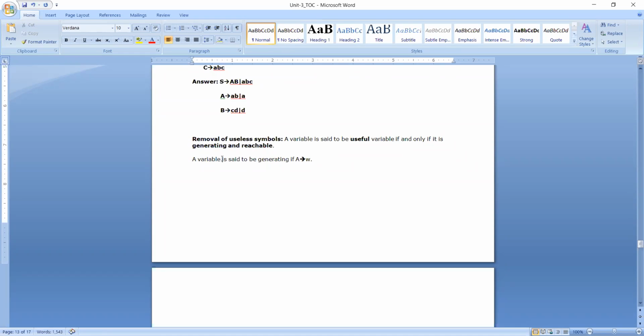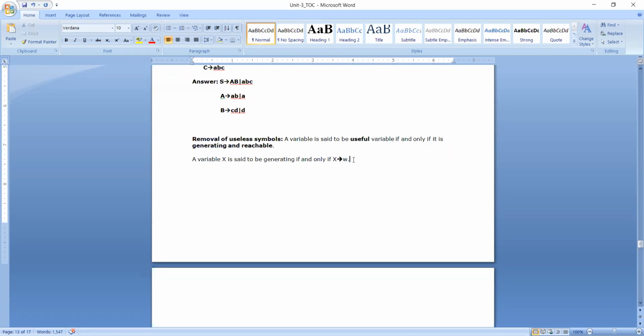For example, a variable capital X is said to be generating if and only if this X has to derive some W. What is this W? W is nothing but a string of terminals.